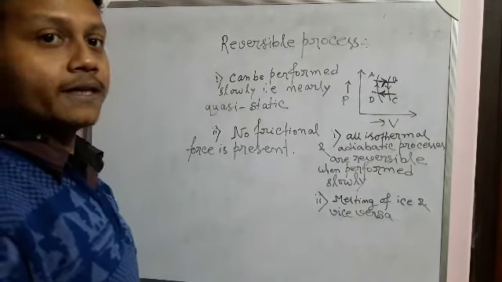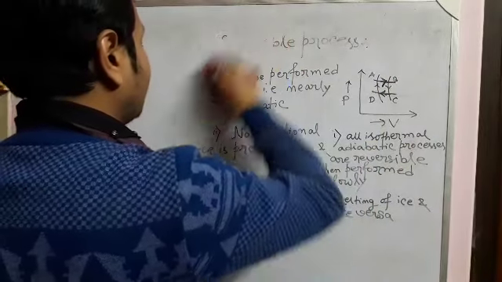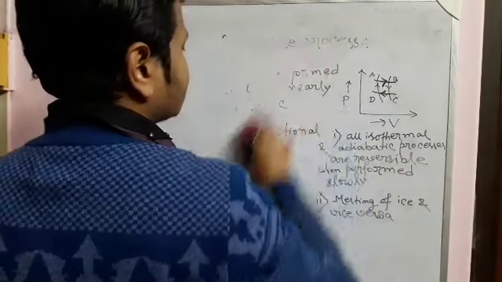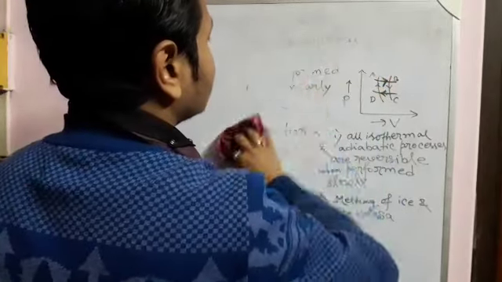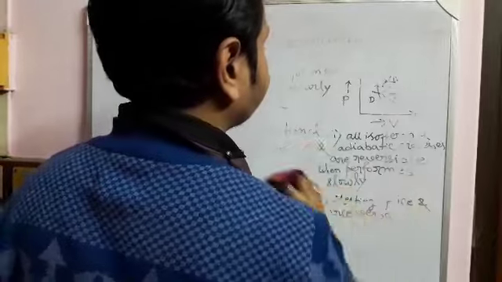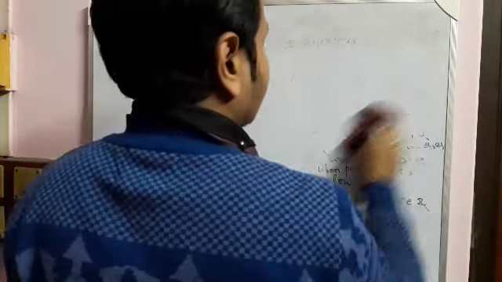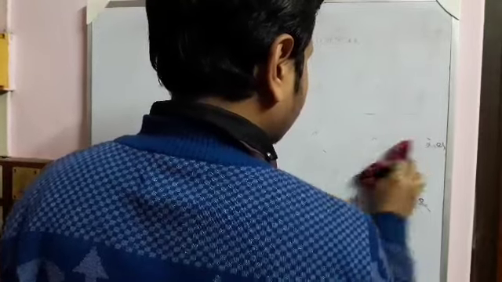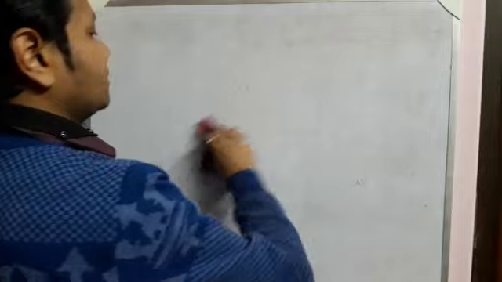Okay, so let us move to the irreversible process. What do we usually mean by an irreversible process? This is simple because all naturally occurring processes are irreversible, so you are familiar with this term.